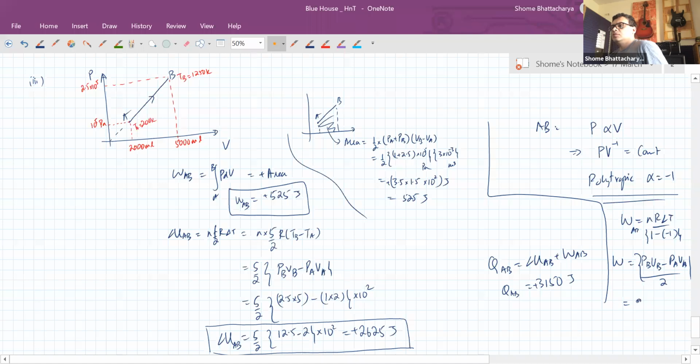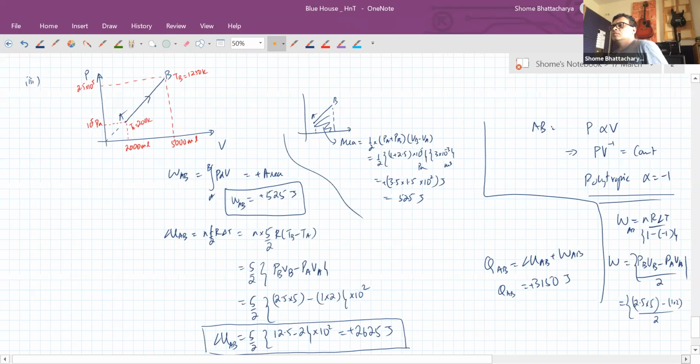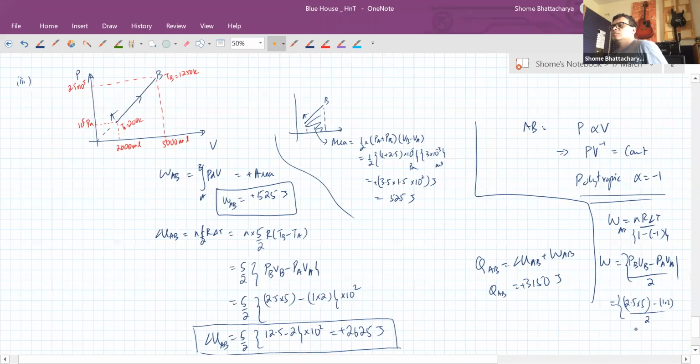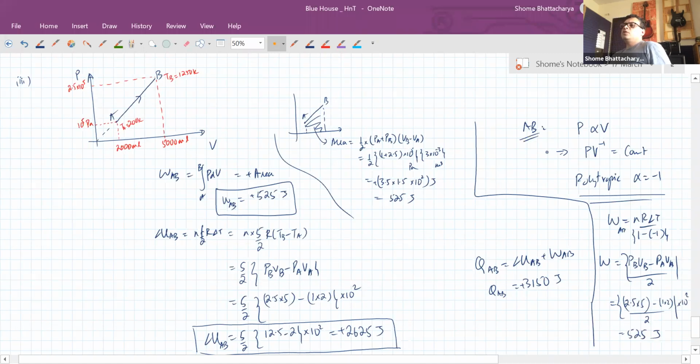Let's see. You can also interpret AB as a polytropic process.